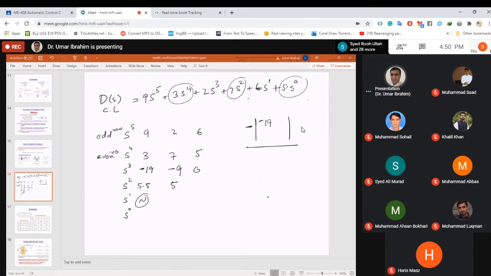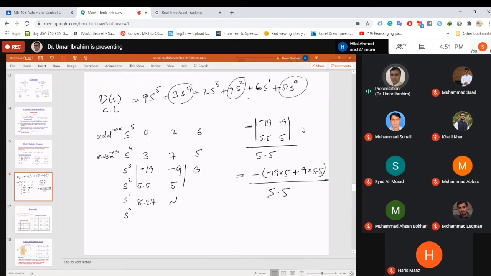Minus 19, 5.5 minus 9, 5 divided by 5.5 will be equal to minus 19 multiply 5 plus 9 multiply 5.5 divided by 5.5. ठीक है? इससे क्या वैल्यू आ रही है? Any student? Sir, 8.27. 8.27.